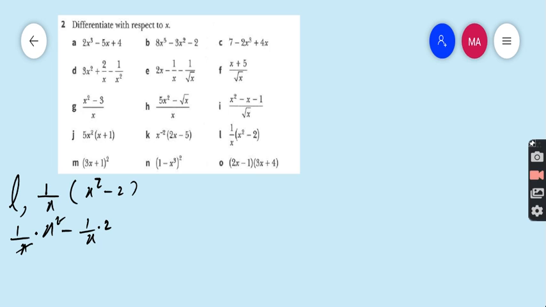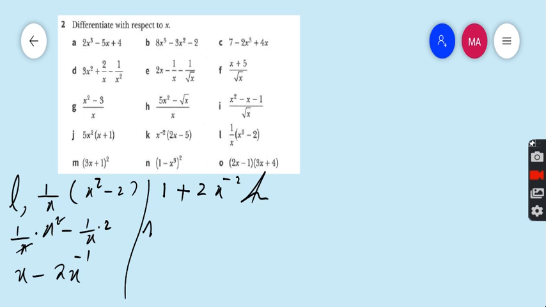This x cancels by its square, it is x, minus this x becomes the numerator, so it is minus 1. The derivative of x is 1, minus minus plus, 2 ones are 2, x to the power minus 1 minus 1 is minus 2. This is the final answer of part L: 1 plus 2x to the power minus 2. Move to part M.